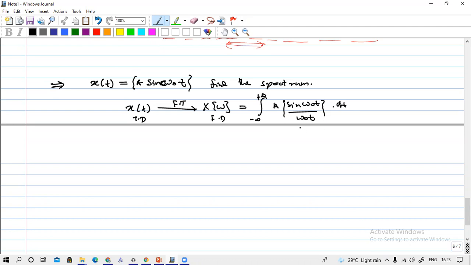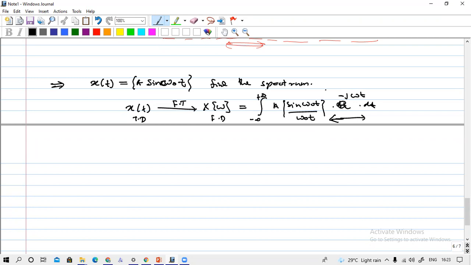Here also the e to the power minus j omega t term is there, so you have to solve this integration. But you can see that evaluating this integration is difficult.